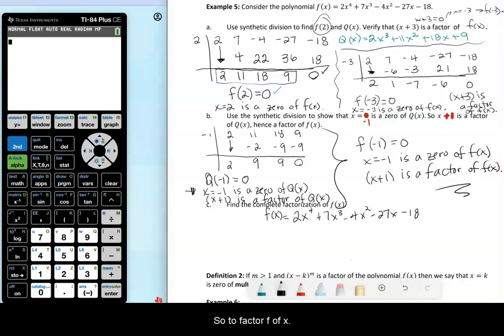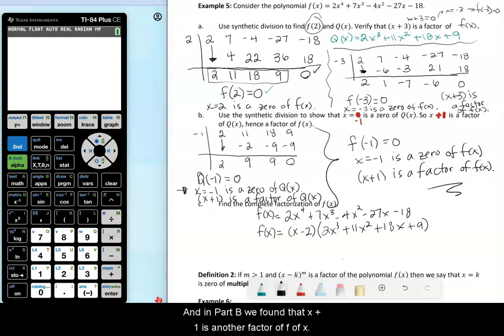So to factor, f of x is equal to x minus 2. So remember, you change the sign. X minus 2 times its q of x, which was 2x cubed plus 11x squared plus 18x plus 9.